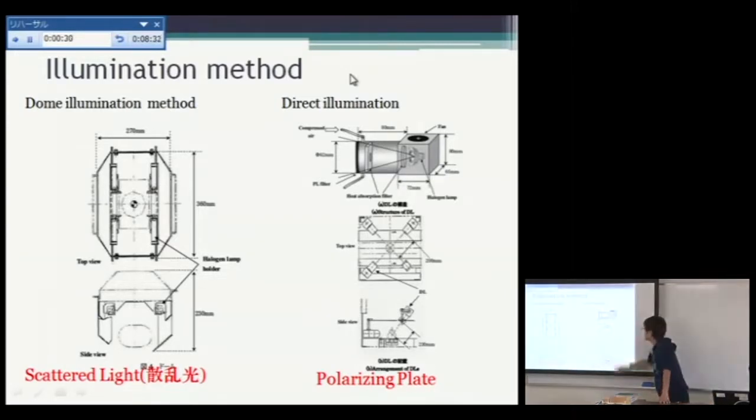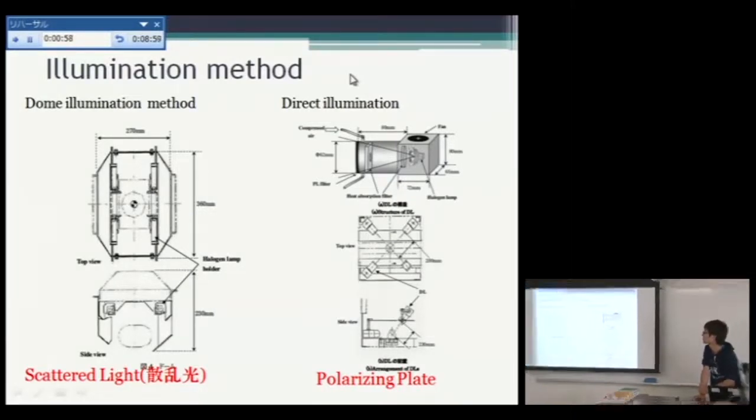But in this direct lighting system, using polarized plates helps classify from reflection and so on.